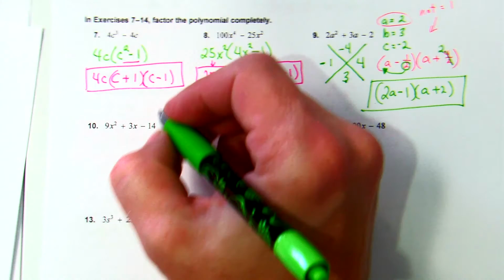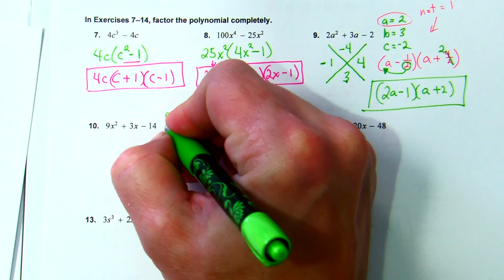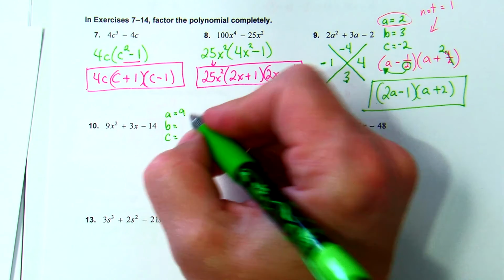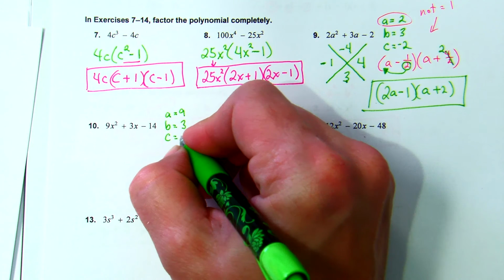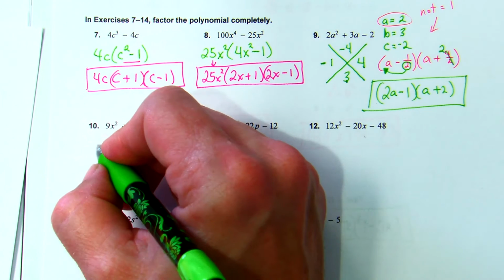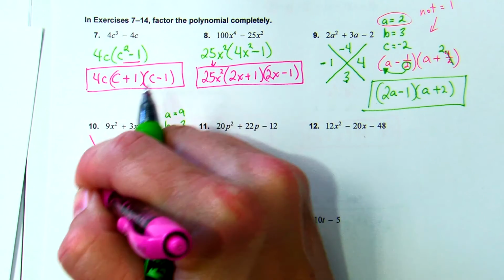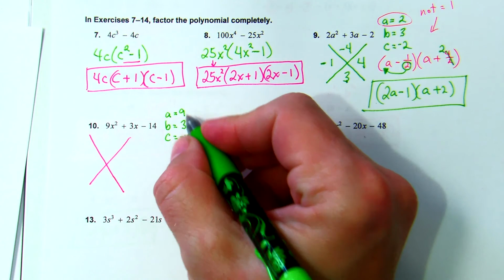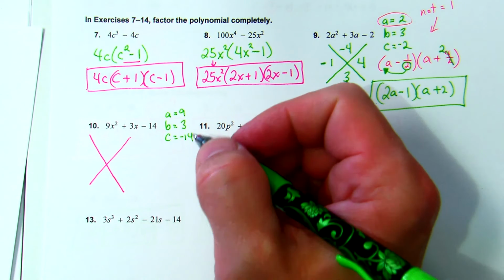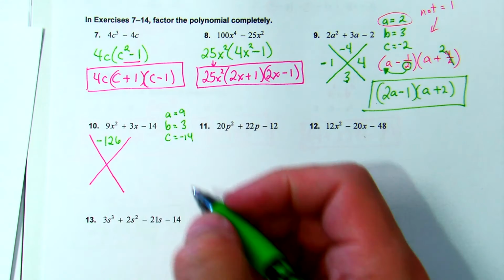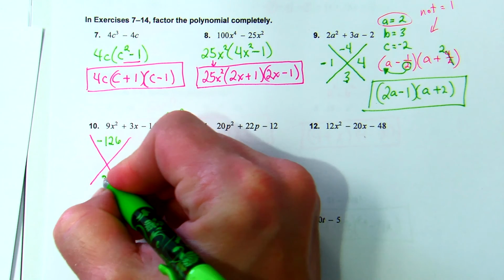So what we're going to have to do is our A, B, and C. A is 9, B is 3, and C is negative 14. All right, let's create the X. And on the top, we're going to have 9 times a negative 14, A times C. It's going to give me negative 126. The bottom, we still have a 3 for B.